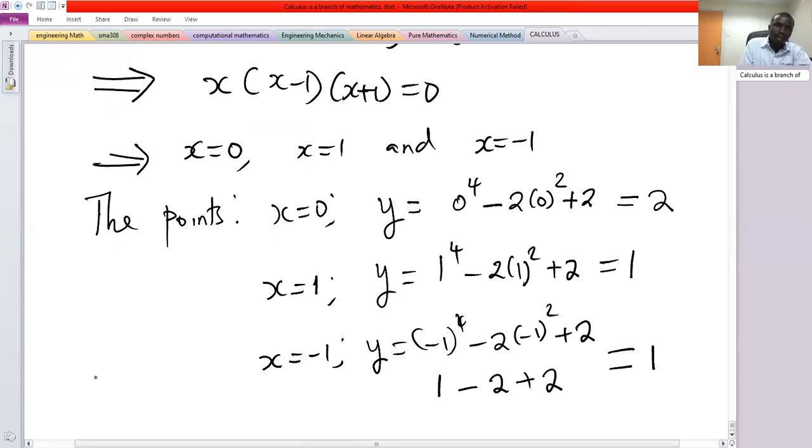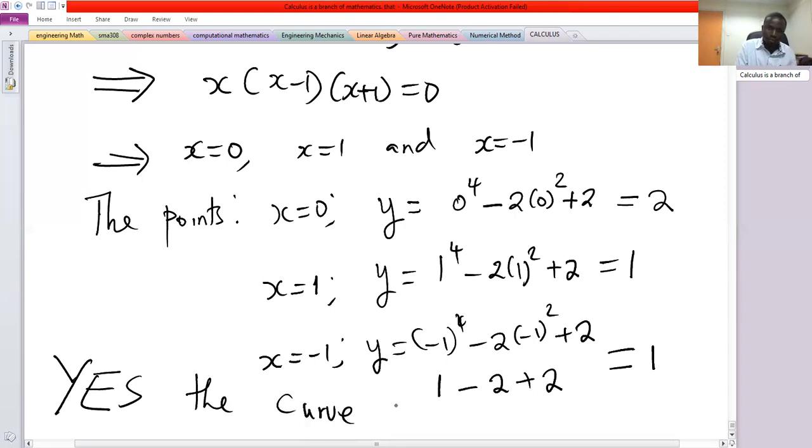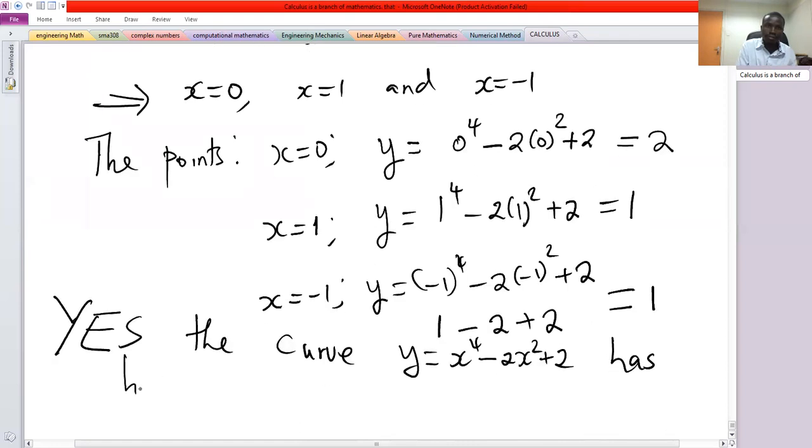So the answer is yes. The curve y equals x to the power 4 minus 2x squared plus 2 has horizontal tangents at the points.